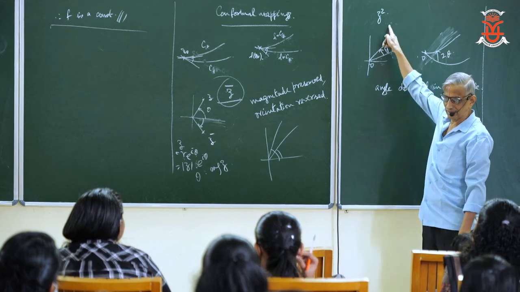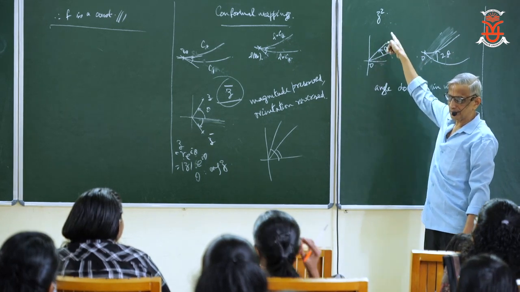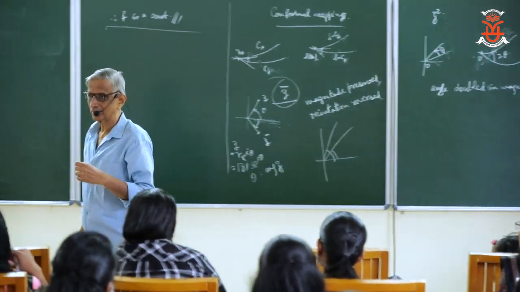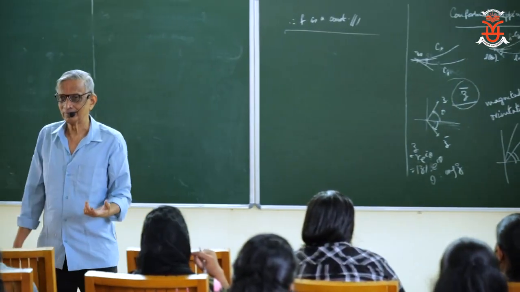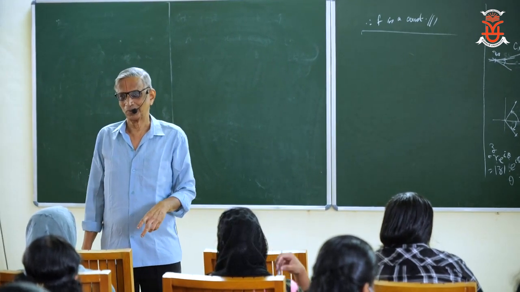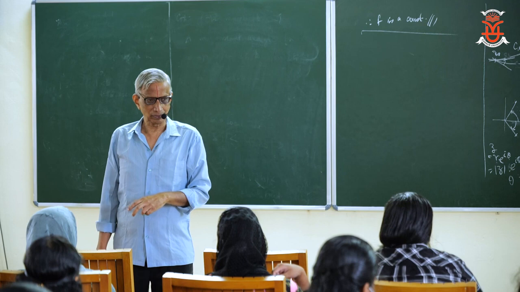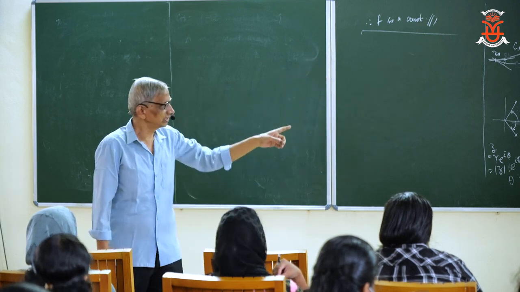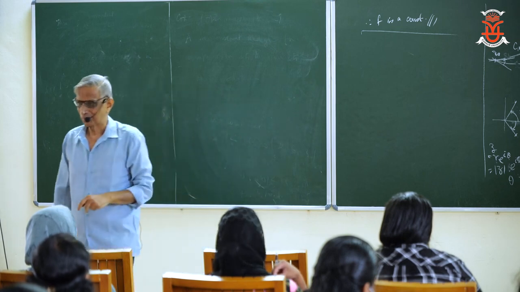So this is analytic, all right. So what is the derivative? 2z. What is the value at 0? 0. So the derivative at the point is 0. It is analytic, but the derivative is 0 at that point. Here it is not even analytic.